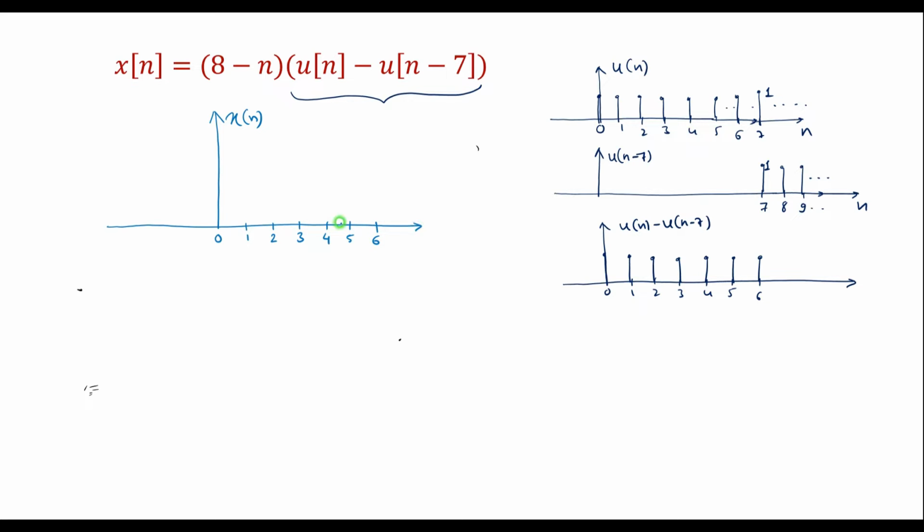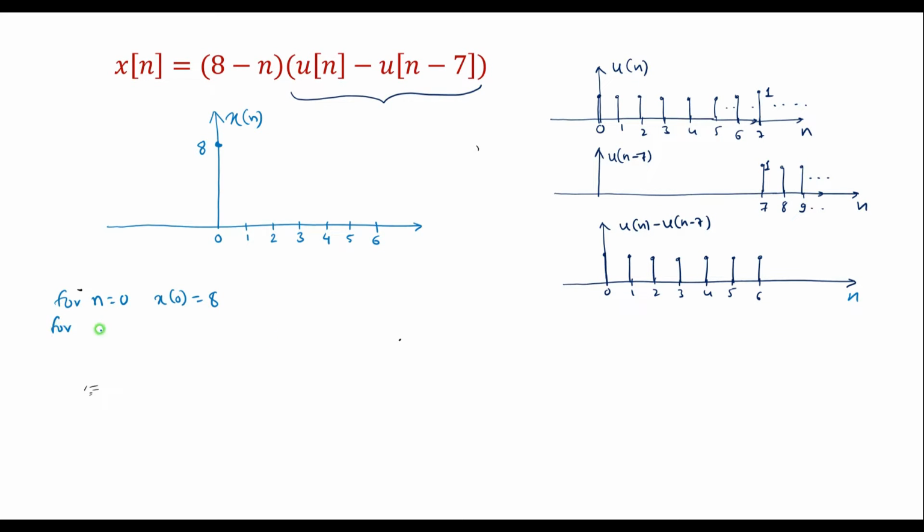So x of n exists only for n equal to 0 to 6. For n equal to 0, x of 0 will be equal to 8. So at n equal to 0, the magnitude of the signal is 8. Let its value be 8.